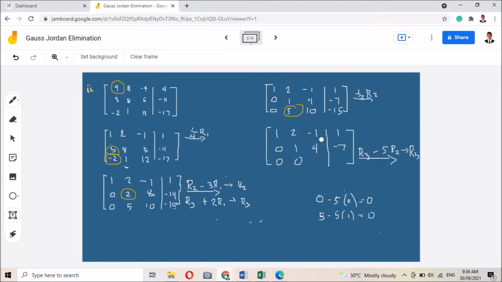And then you have there R sub 3 is 10. 10 minus 5 times R sub 2, which is 4, that is equivalent to negative 10.